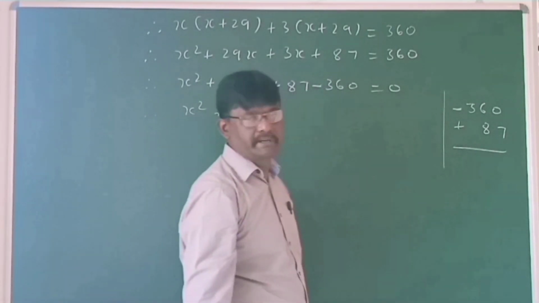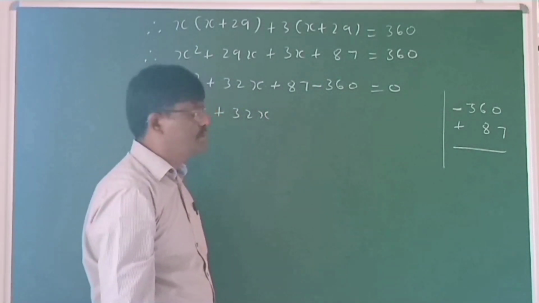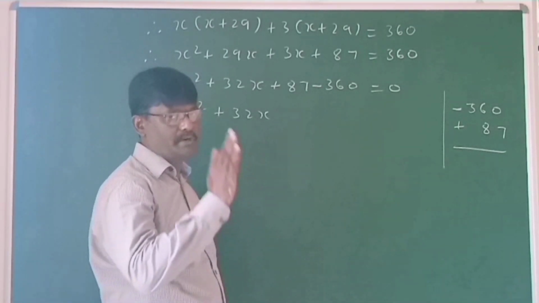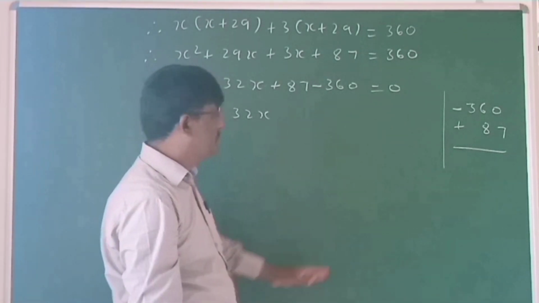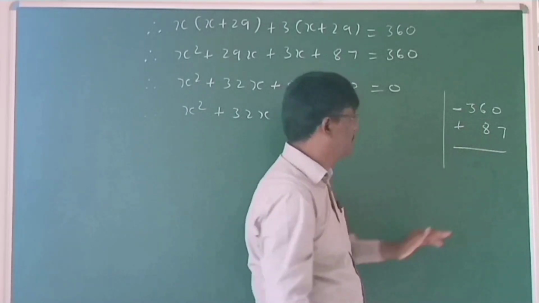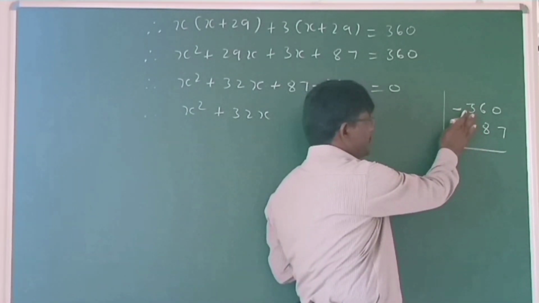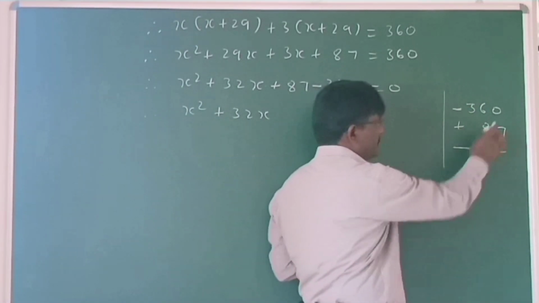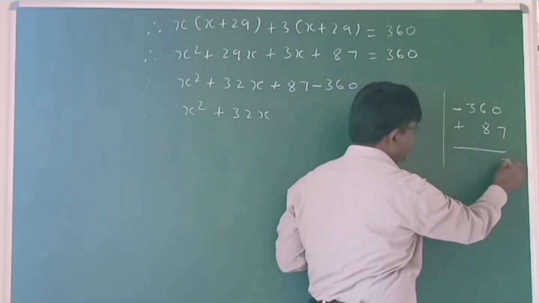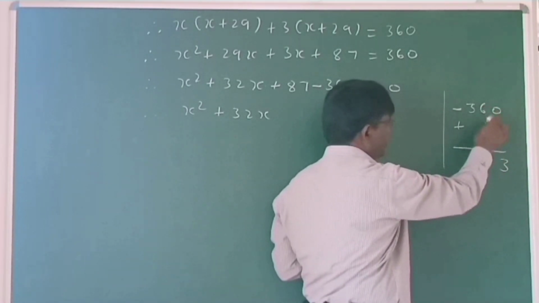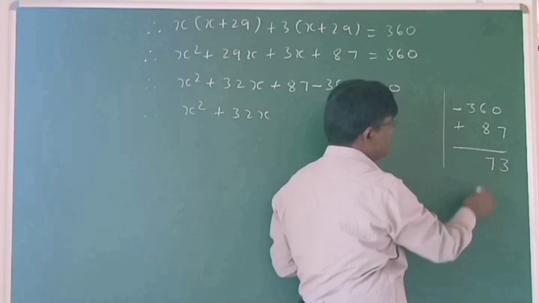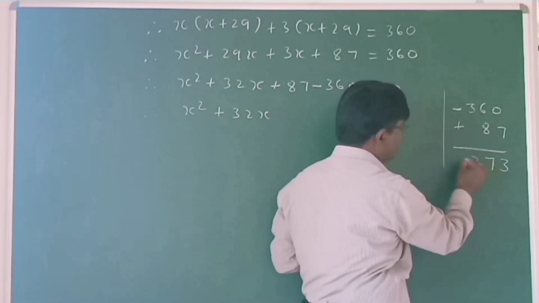And don't be overconfident, children. Always we have to be very particular, a little bit careful about fundamentals like this. Most of the time, very often we commit mistakes. 10 minus 7, 3. Then 15 minus 8, 7. Here we have 2.